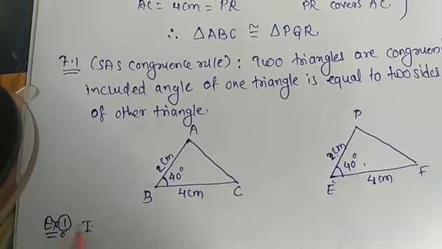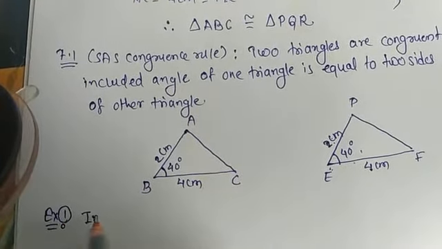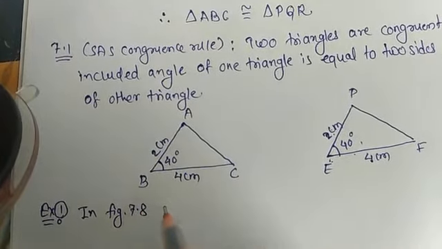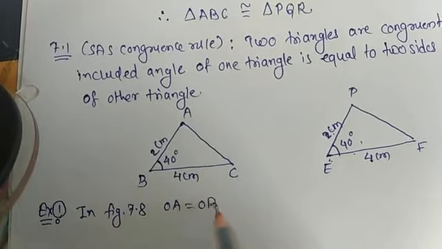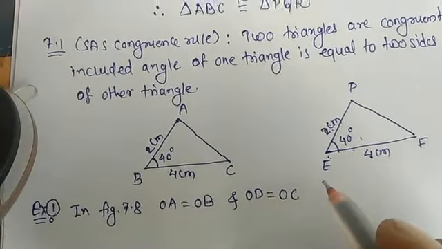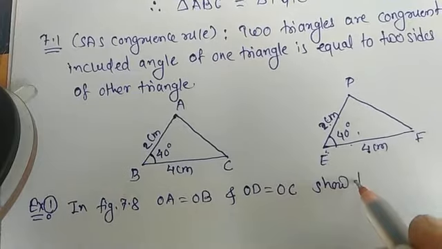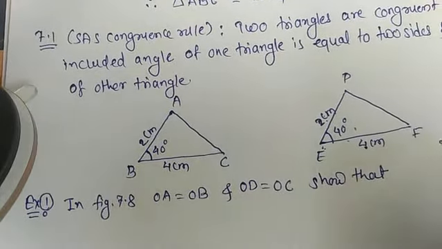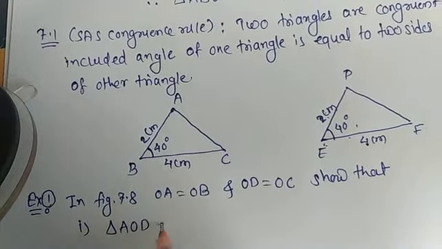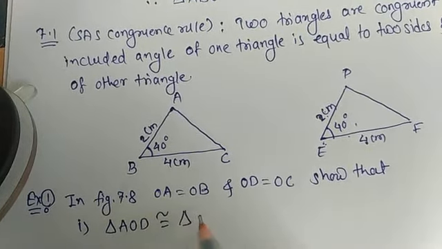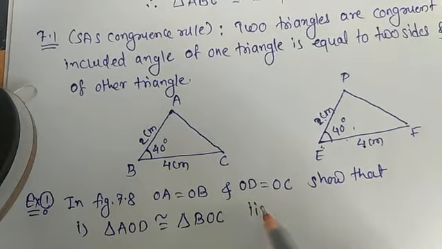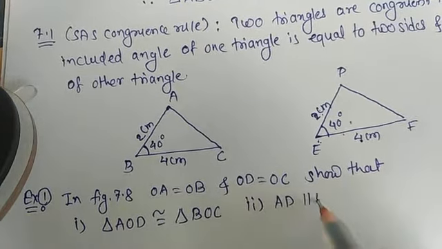For example, consider example number 1, which is solved in the book. In figure 7.8, OA is equal to OB and OD is equal to OC. Show that first, triangle AOD is congruent to triangle BOC, and second, AD is parallel to BC.